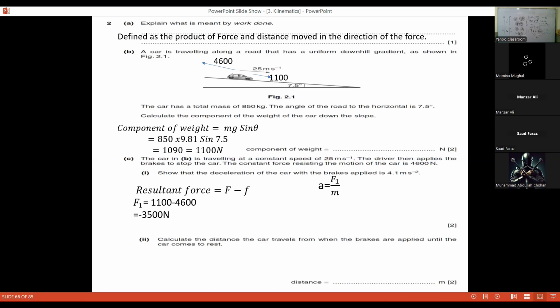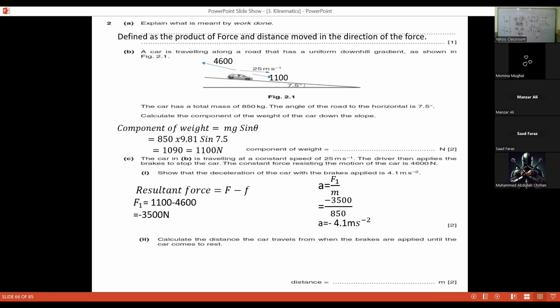Now apply the value of acceleration, because acceleration is always due to the resultant force. Simplify that and you get the answer as 4.1 if you round it up. Distance it traveled before coming to rest: your initial speed is 25, final speed will be 0, acceleration is minus 4.1.